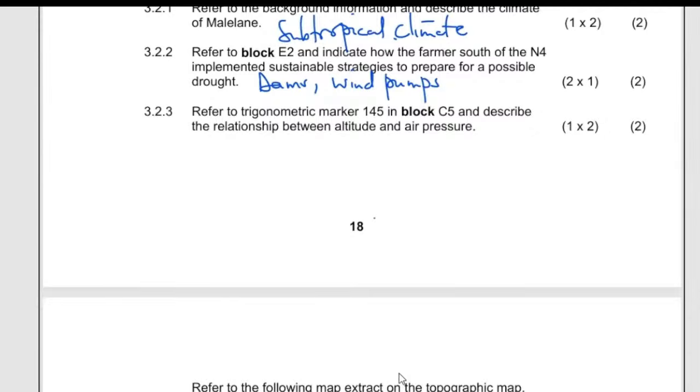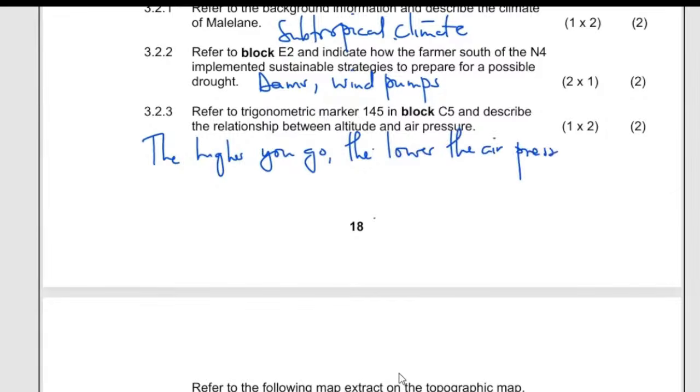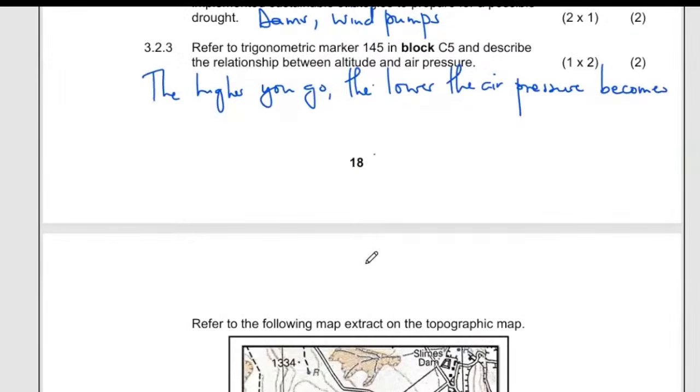We understand the relationship there is that the higher you go, the lower the air pressure becomes, which means in the upper atmosphere, the concentration of air molecules is limited. There is less air pressure.